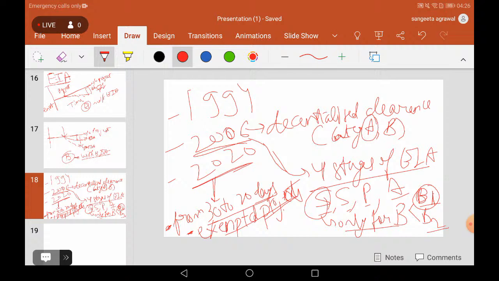Then post clearance compliance, that is, once the project has been given the nod, it is also monitored after it has been given the nod. Then annual submission of reports is required now, right?